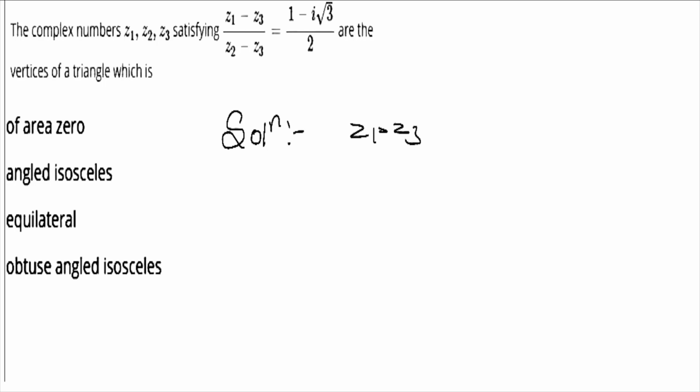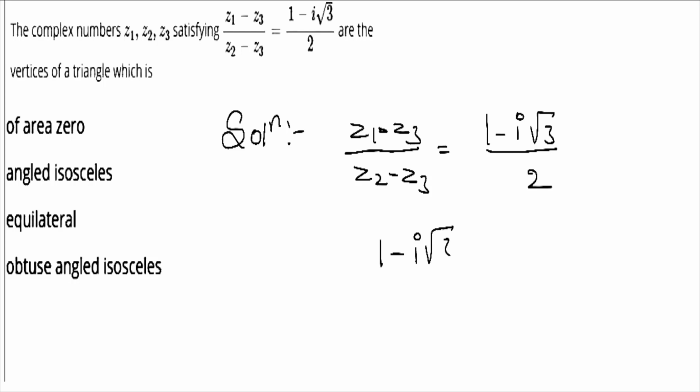What is given? (z1 - z3)/(z2 - z3) is equal to (1 - i√3)/2. So I'll take the conjugate of the numerator. So given 1 - i√3 by 2, terms will be the same, only a change in sign: (1 + i√3)/(1 + i√3).